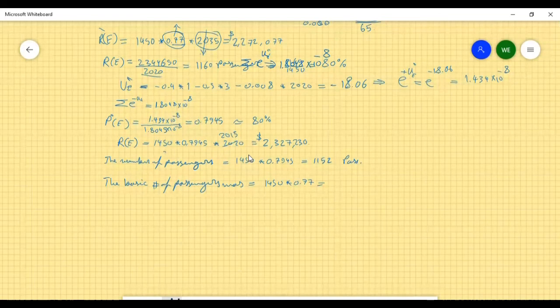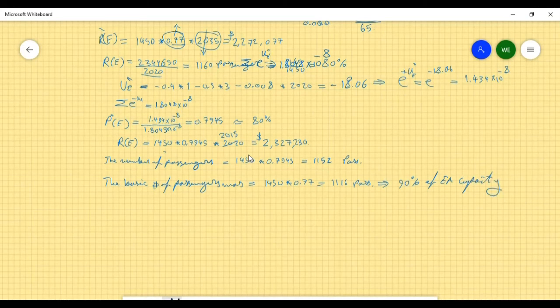So that's basically 1116 passengers. That contributes to 90% of Eastern Airline capacity on that link.